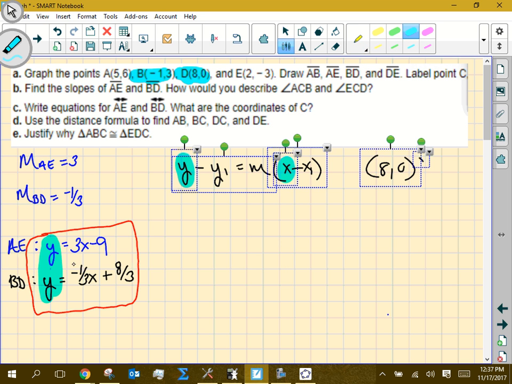Now, it's a system that's actually pretty easy to solve at this stage, because if you know that these two things are y, they should be the same then. So what's that tell you about these two things that are yellow? They're the same. So I'm going to write 3x minus 9 is equal to negative 1/3 x plus 8/3. Now, that's an ugly equation because of the fractions. What can I do to get rid of those fractions?